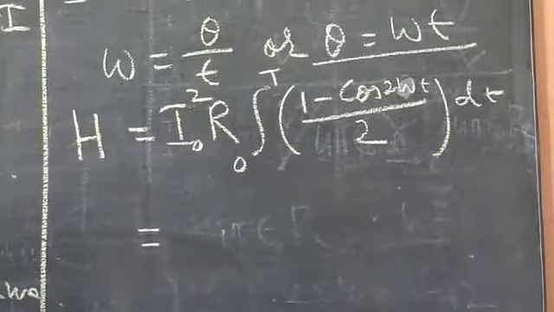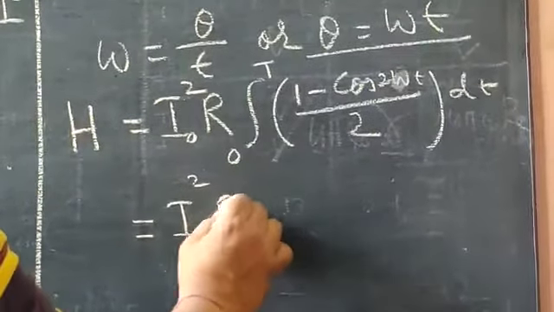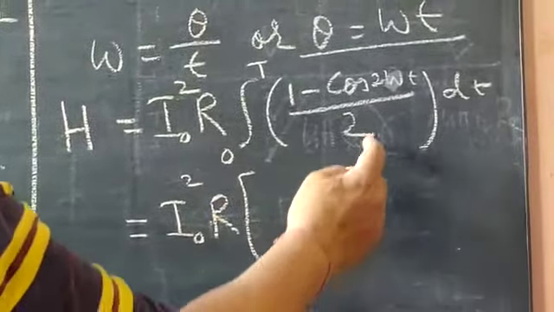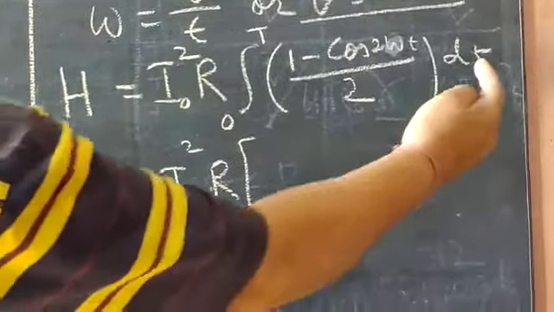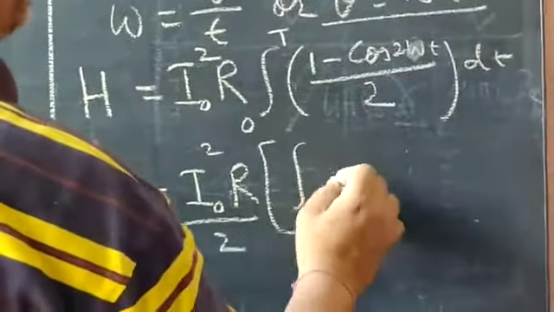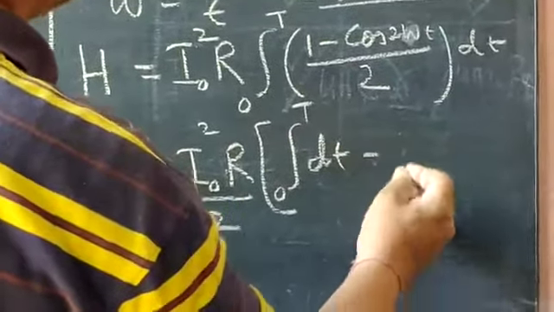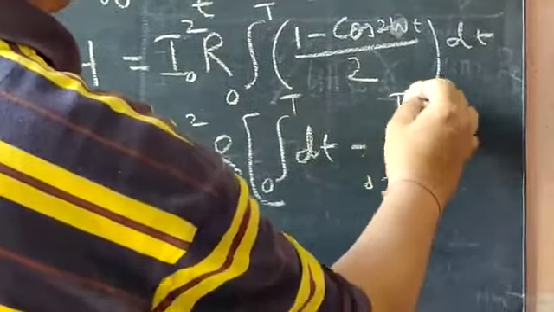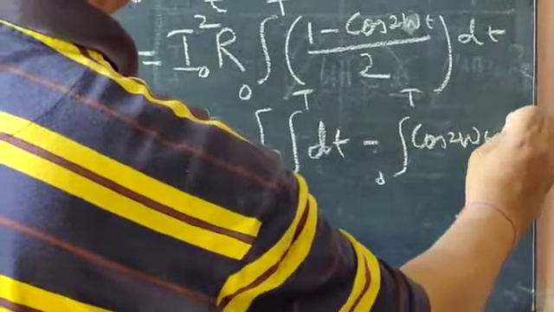It can be written as I naught square R upon 2, since this 2 comes out as it is constant. So we will have the integration of 1 into dt from 0 to capital T minus the integral from 0 to capital T of cos 2 omega t dt.